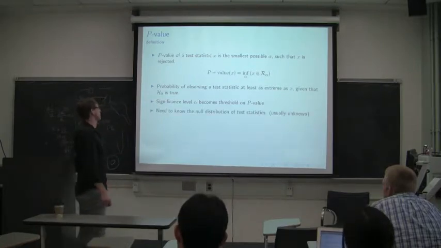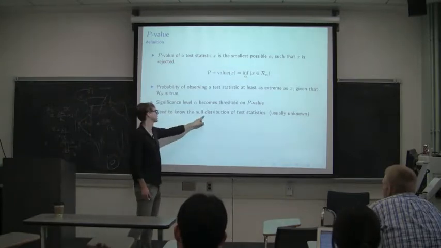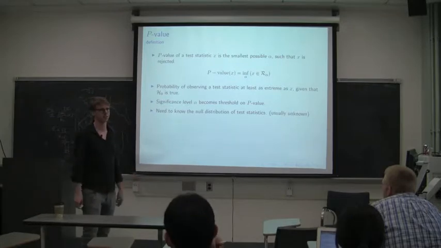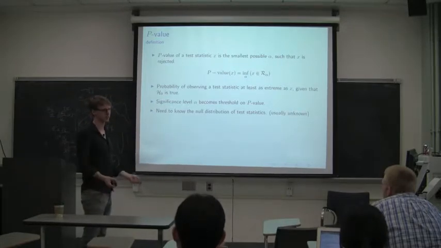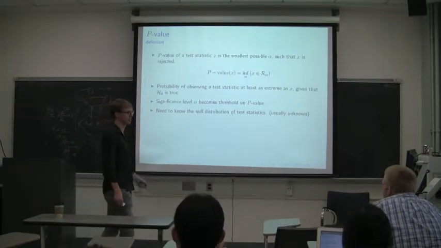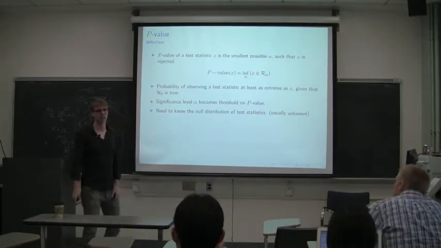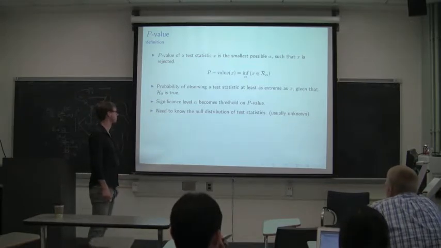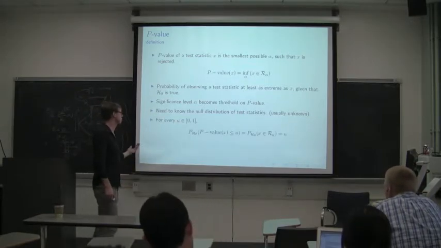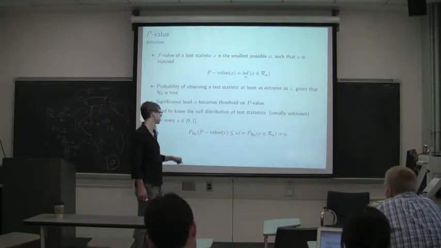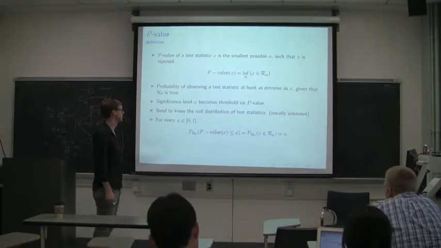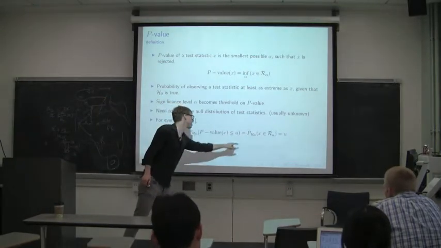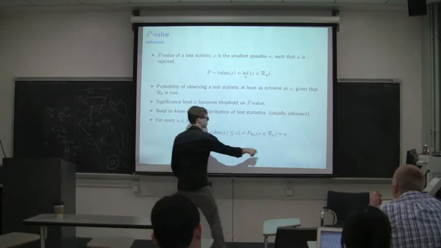Well, the problem with this is this whole thing depends on the null distribution of the test statistic. Because in order to assign p-values or in order to evaluate the significance of a test, you have to know the null distribution. And often that is unknown. The other thing it means is that for every u in 0, 1, the probability under the null that the p-value is smaller than u is just u.